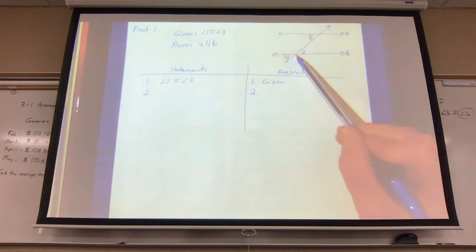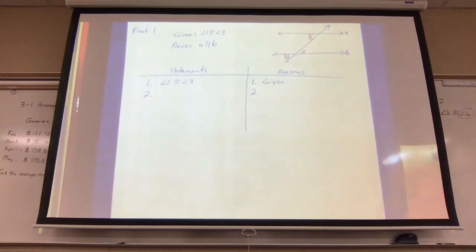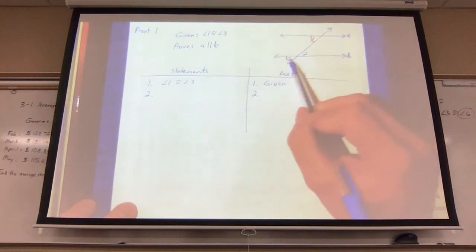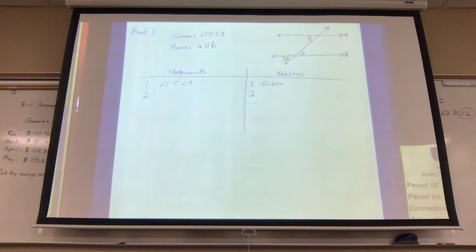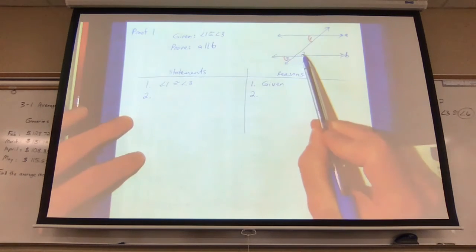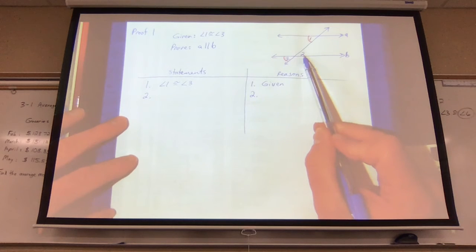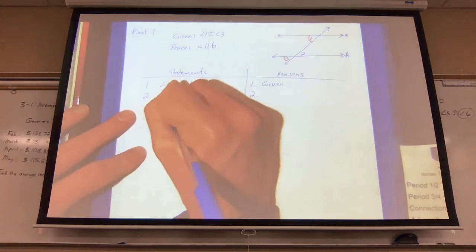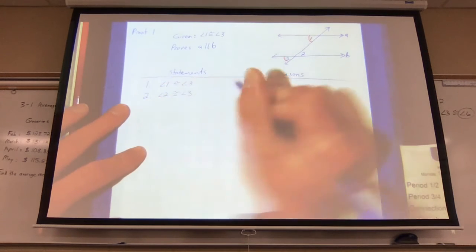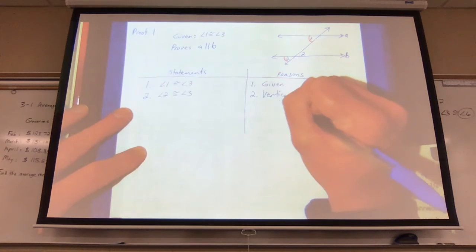Vertical angles, yes. And we always know vertical angles are congruent. So when you see your picture like this and you've got vertical angles in there, we will almost always use that in the proof. So I'm going to go right to that. 2 and 3 are vertical angles. We know automatically vertical angles are congruent. So my second step here is going to be that angle 2 is congruent to angle 3 by the vertical angle theorem.